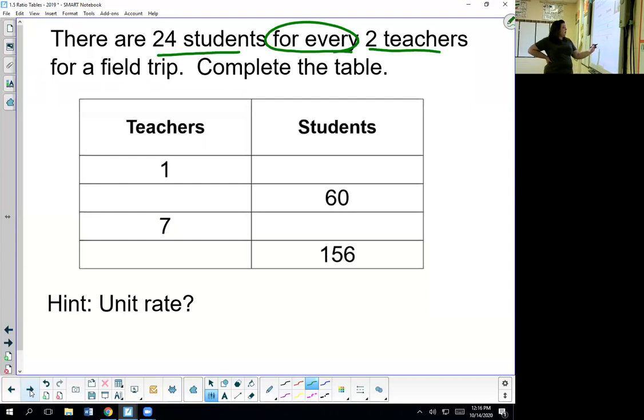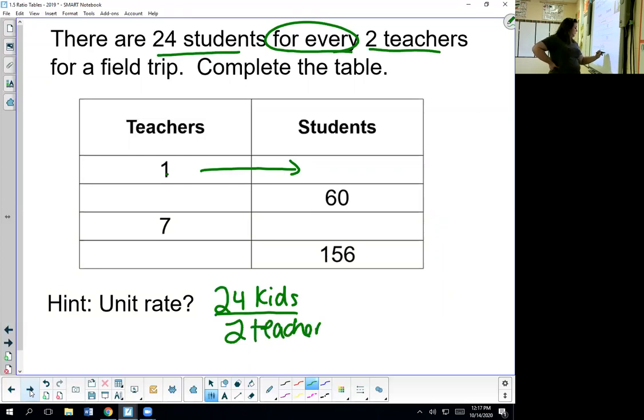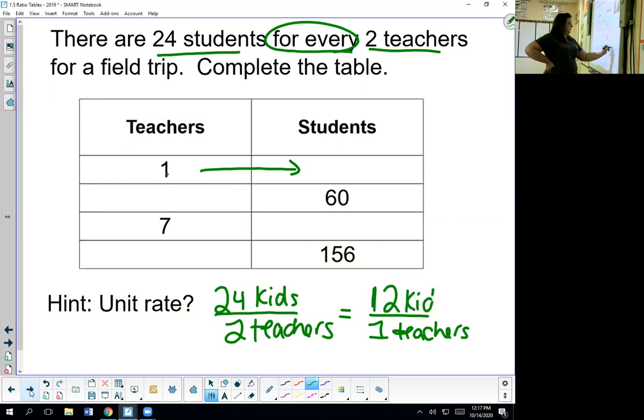So I want to know, if I have 1 teacher, how many students would that be? Well, if I have 24 kids for 2 teachers, what would it be for one of us? Hopefully you can take 24 and divide it by 2 and you get 12 kids.